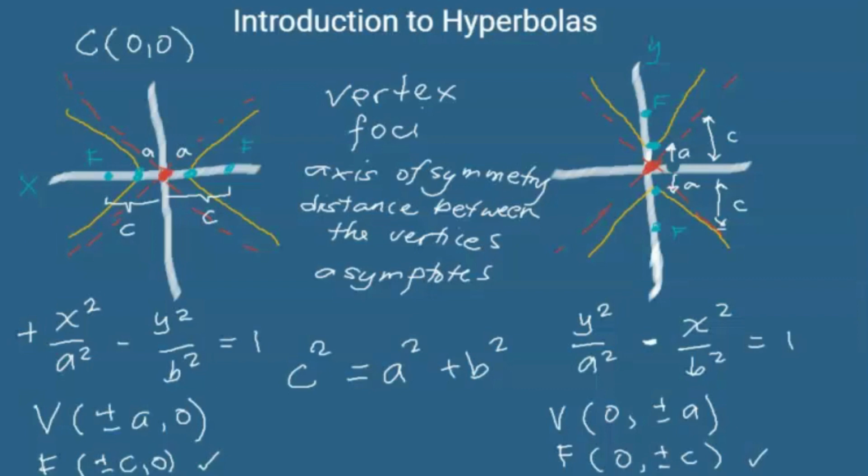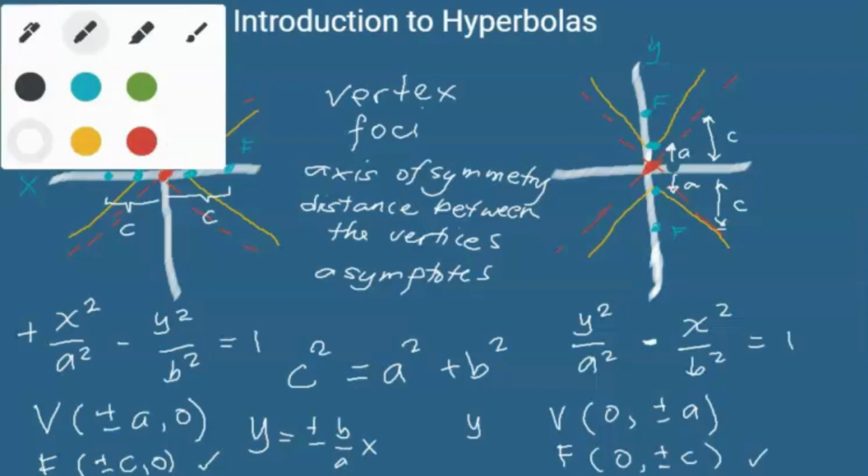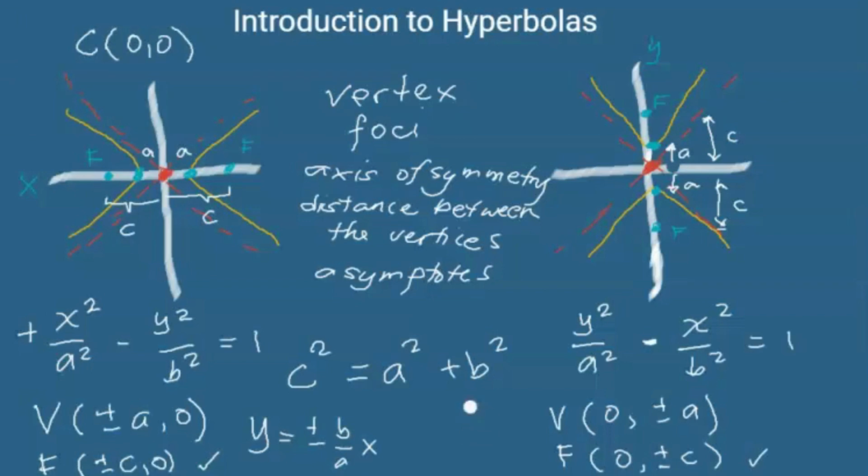For a horizontal hyperbola, the equation of the asymptotes would be y is equal to plus or minus b over a x. And for the vertical hyperbola, the equation of the asymptotes would be y equals plus or minus a over b x.